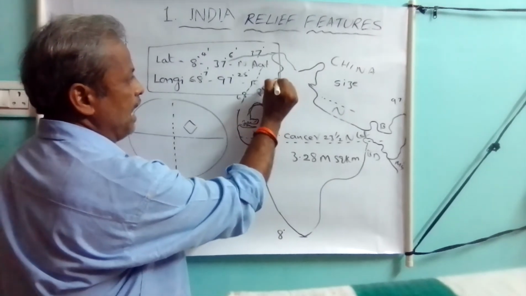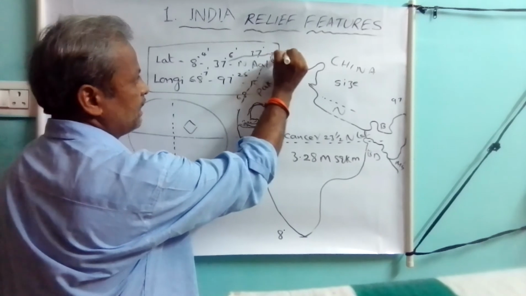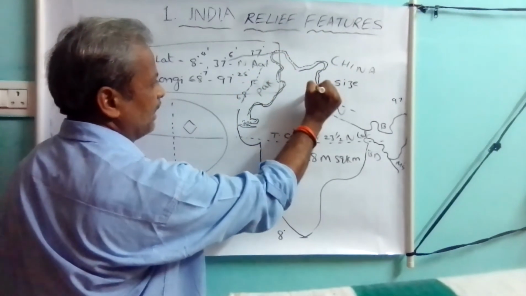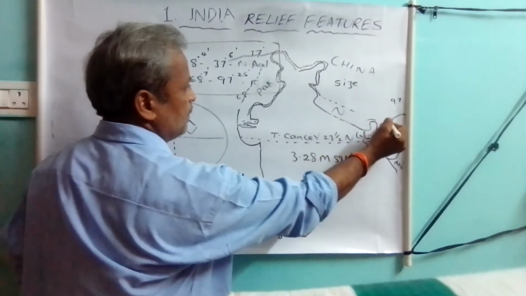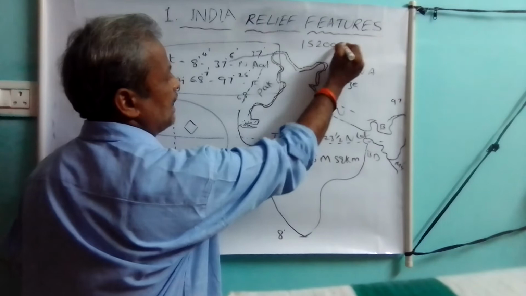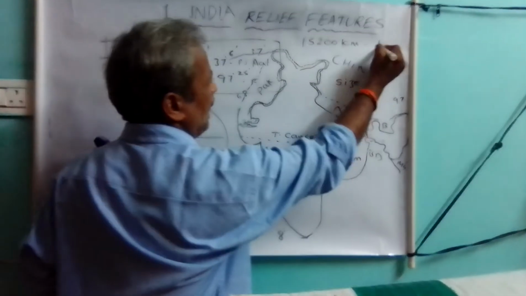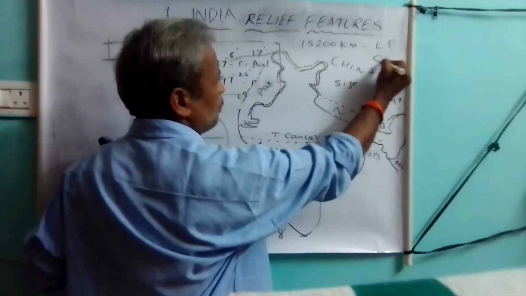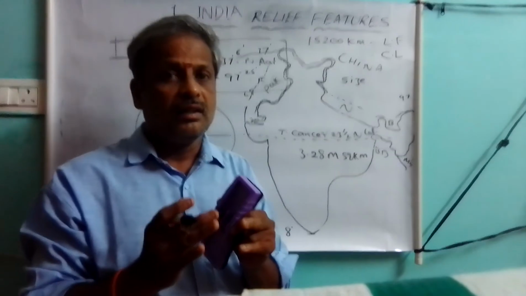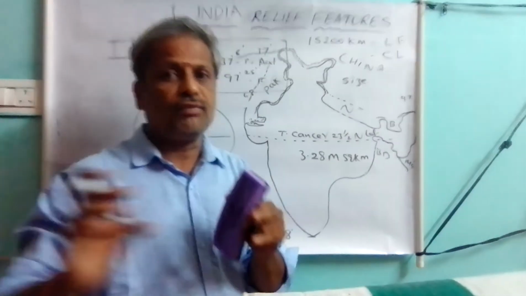I am drawing the land frontier along India's north side. So the land frontier of our India comprises totally 15,200 kilometers.